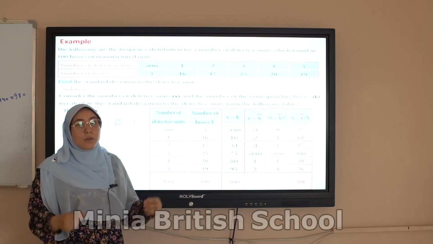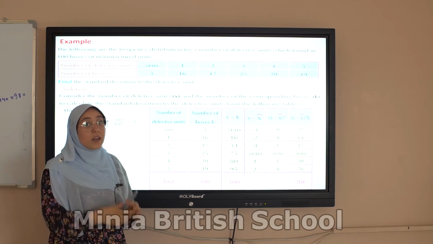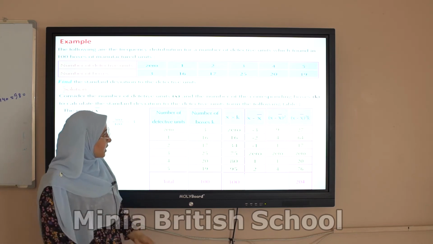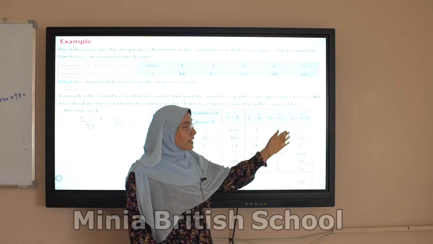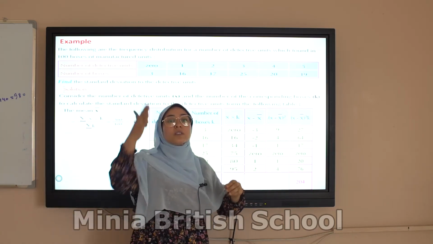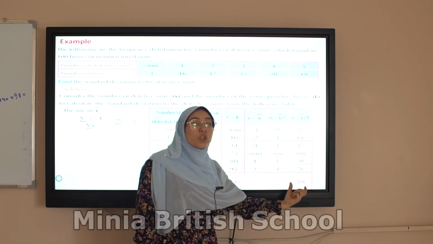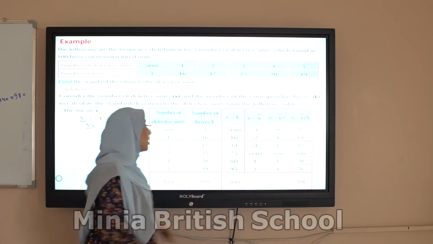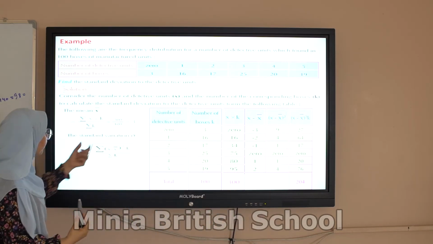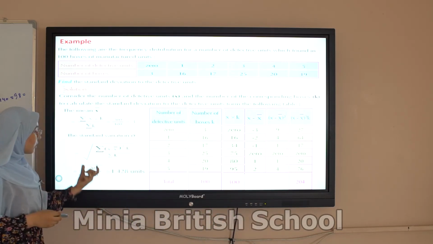Okay? Now, I need to find something. The summation of the frequency is 100, and the summation of x minus x bar raised to power 2 times k equals 204. So sigma, or the standard deviation, equals the square root of 204 divided by 100.